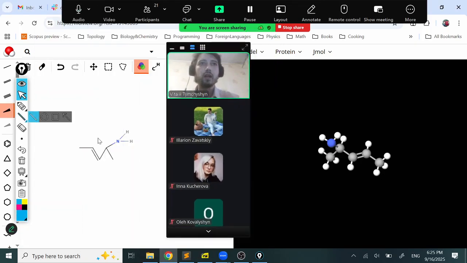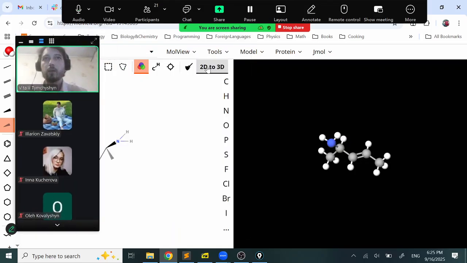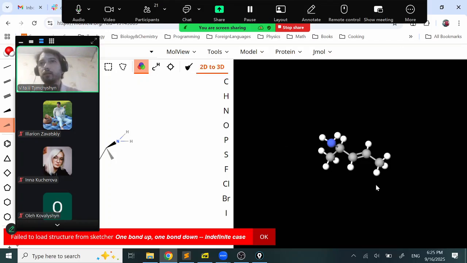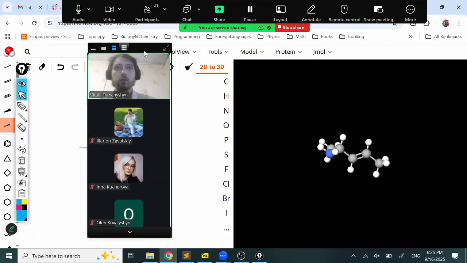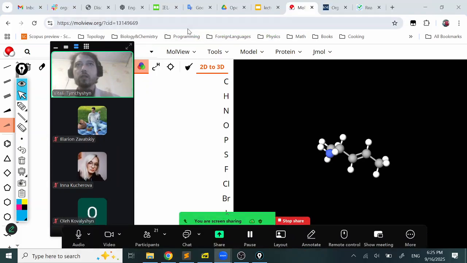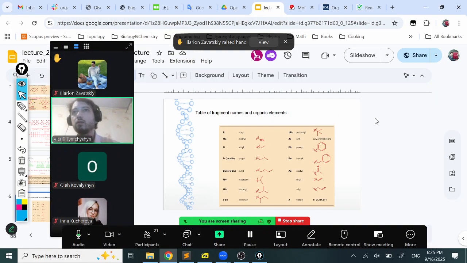So now I can add some nuances like making this bond here, this here, and calculating 3D. Okay, indefinite key. Well, I guess I messed up something. Okay, let's redraw.